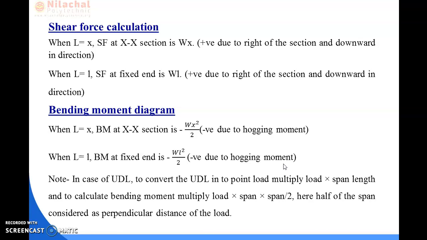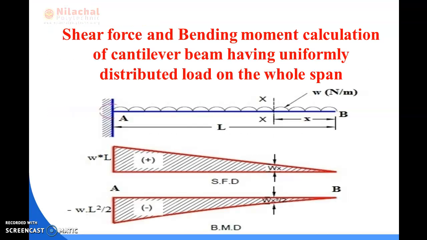So now comes the bending moment diagram. The first one is your B point, at which only load is there but the distance is neglected. Here only load is provided, but there is no distance, so your bending moment will be 0.